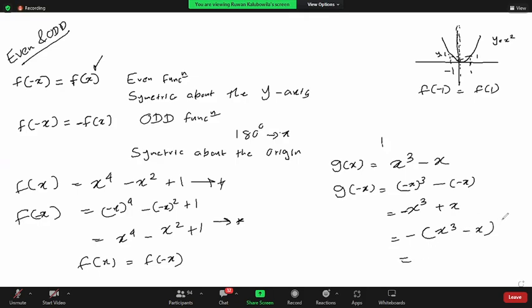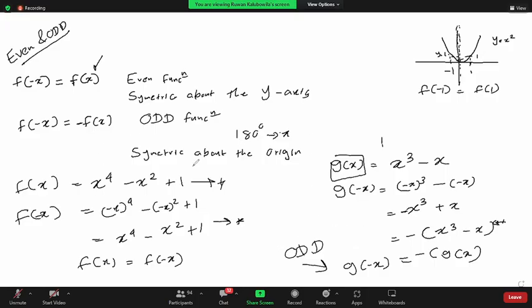So now we can write this as g(-x) equal to -g(x). So g(-x) is equal to -g(x). That means this is an odd function. So like that we can prove whether a function is odd or even.